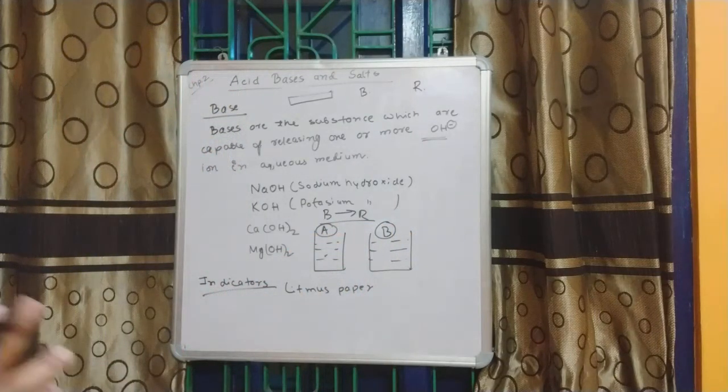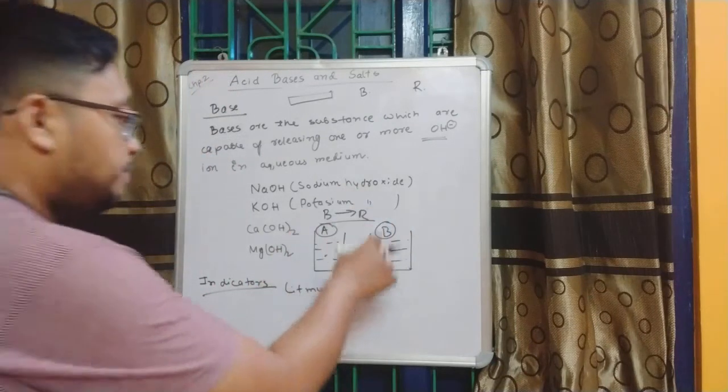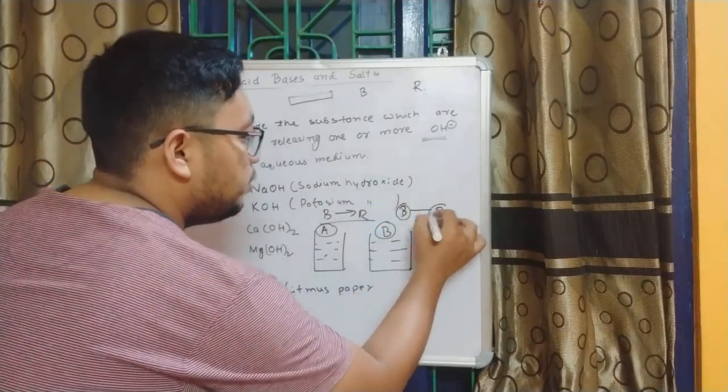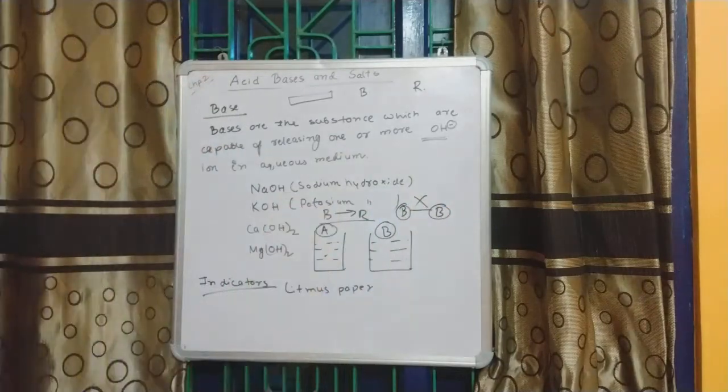Blue litmus paper can be changed into red only by an acid. When you dip it in a base, the blue litmus paper will remain blue. There will be no change.